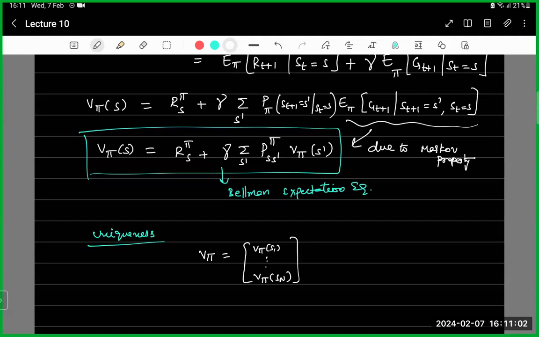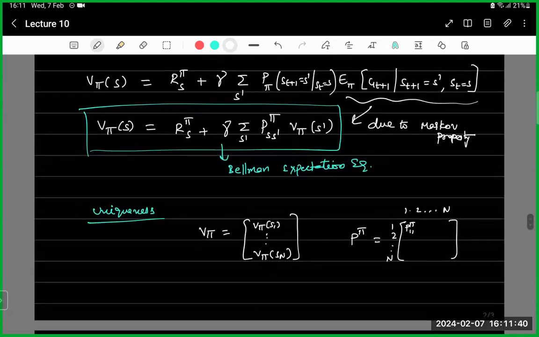You can also think of p pi as a matrix, p pi of s s dash. For every pair of s and s dash you have a value, so you can write it as a matrix with states 1, 2, up to n here and states 1, 2, up to n here. One particular value, p pi of 1, 1, tells you: if you are in state 1, what is the probability you'll go to state 1 again if you follow policy pi? Is this notation clear?